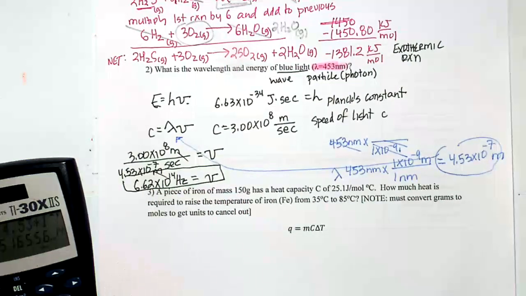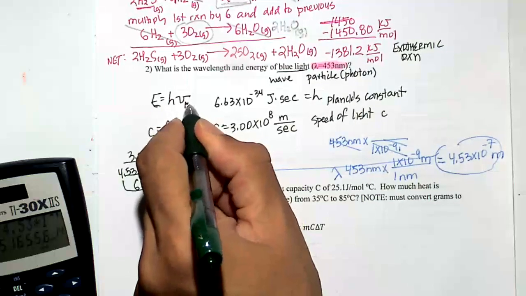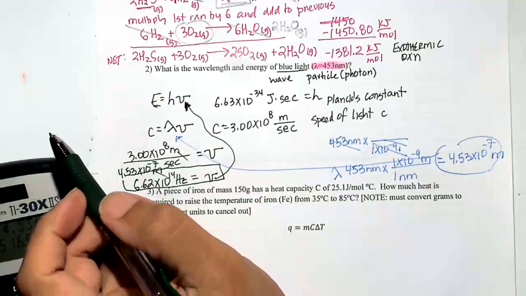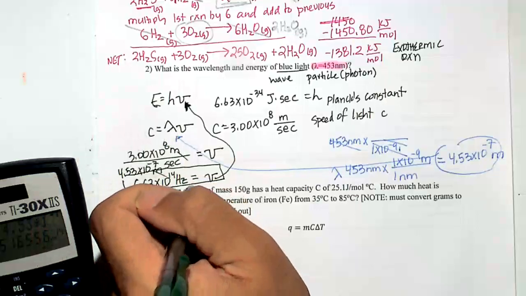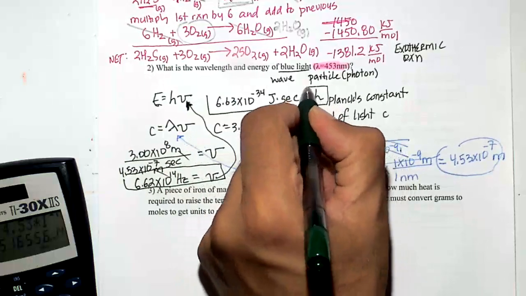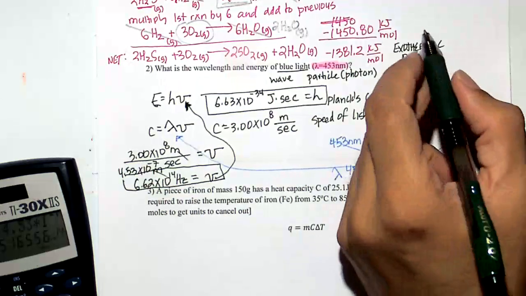So that is the frequency in hertz, and then let's plug that in here to get us our energy. We'll multiply this frequency by Planck's constant, which is 6.63 times 10 to the minus 34, and that should give us the answer.